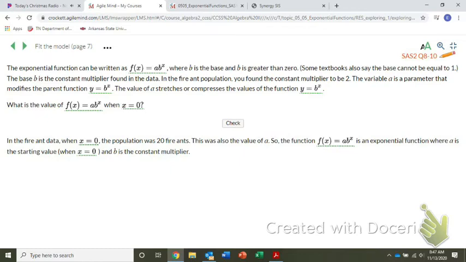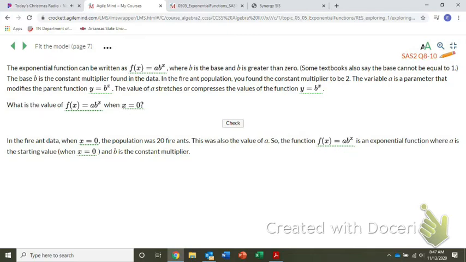So now, b value, number 8. It says the exponential function can be written as a times b to the x, where b is the base and b is greater than 0. So number 8 says, what restrictions are there on base b? Well, what does b have to be greater than? We just read it. 0.